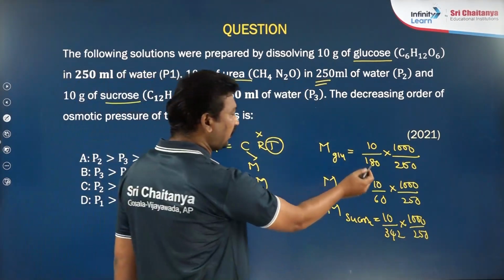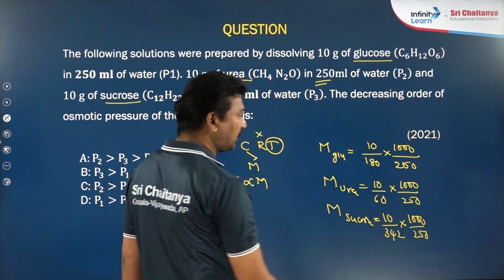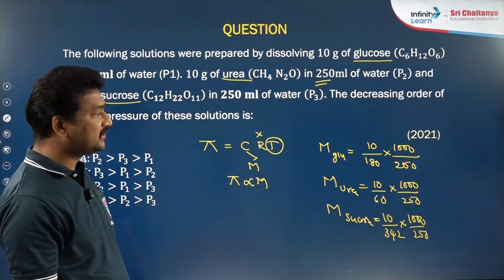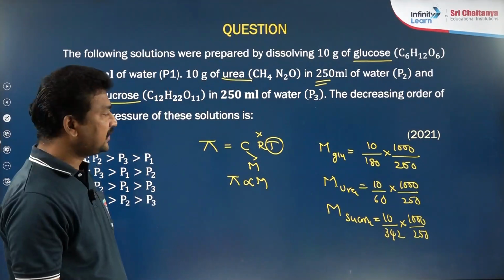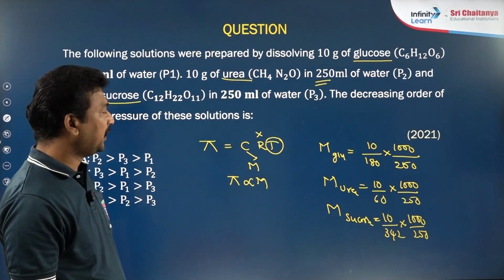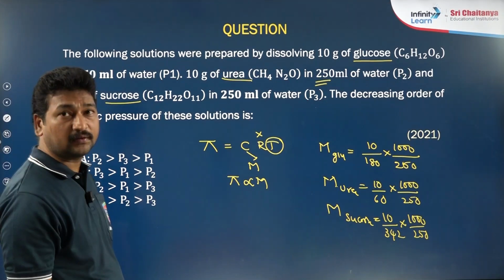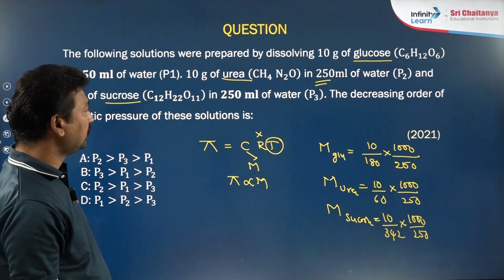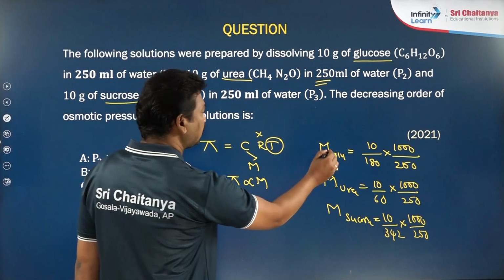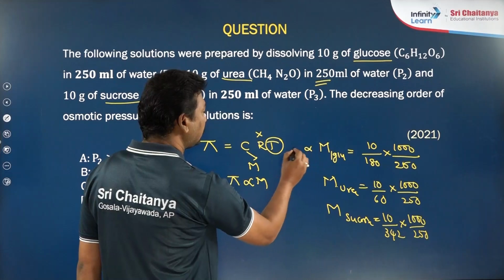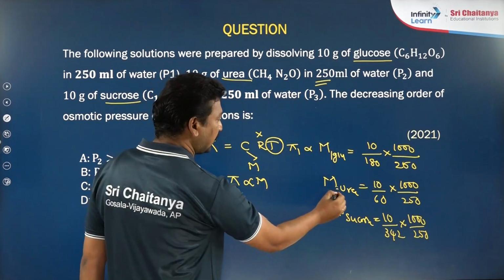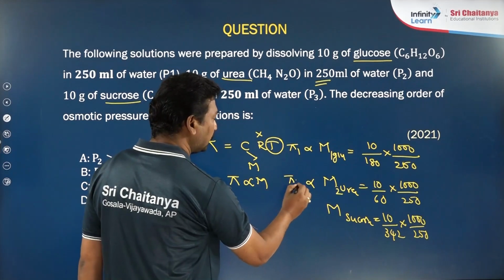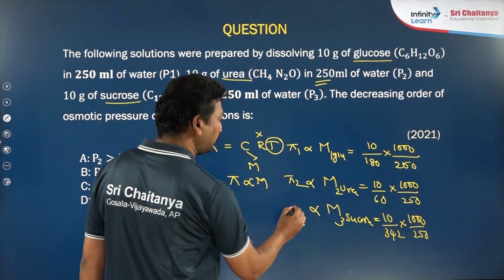What is the uncommon here? The uncommon one is the molecular weight of the solute: 180, 60, 342. Since it is in the denominator, lesser the value in the denominator, higher will be the concentration, thereby higher will be the osmotic pressure. So M1 is related to pi 1, M2 is related to pi 2, M3 is related to pi 3.